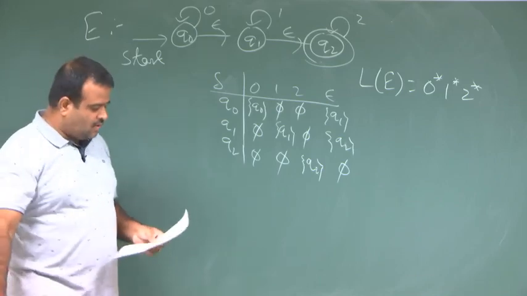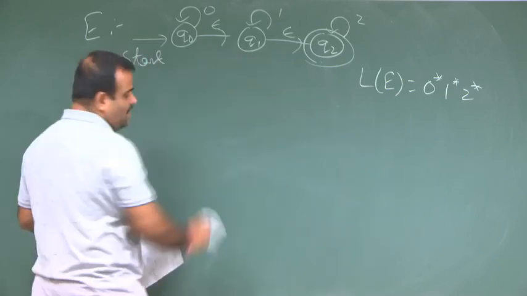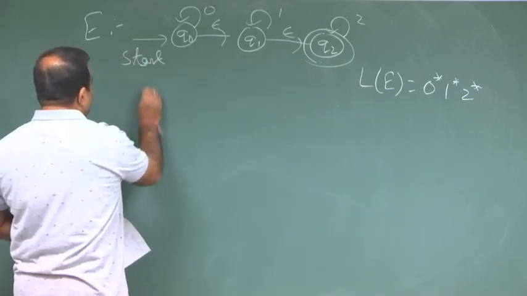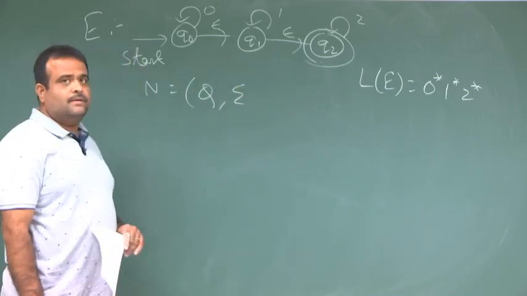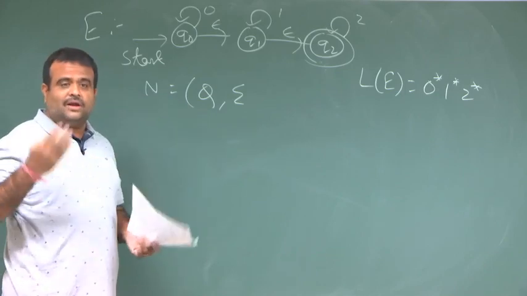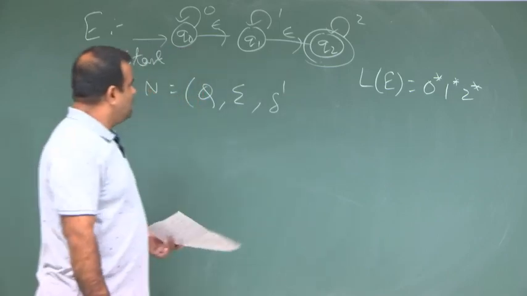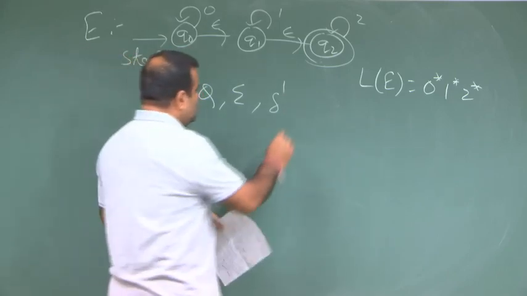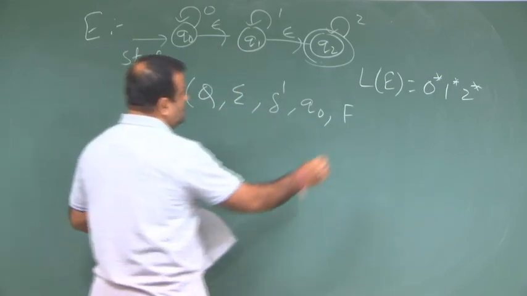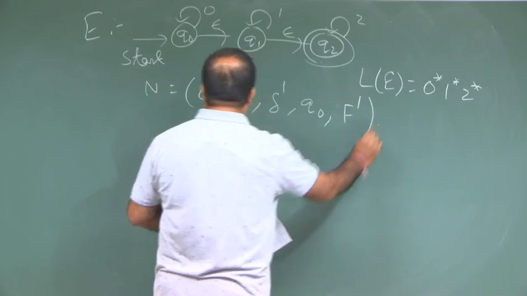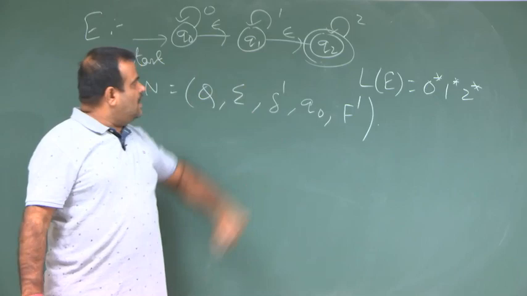So, this is the transition rule for this epsilon NFA. Now, we will construct the corresponding NFA. For the corresponding NFA the states will be the same and sigma will be the same alphabet set. Here we are not having epsilon move. Delta prime, and we have q 0, and f will be changing because with the epsilon move we can go from q 0 to q 2.